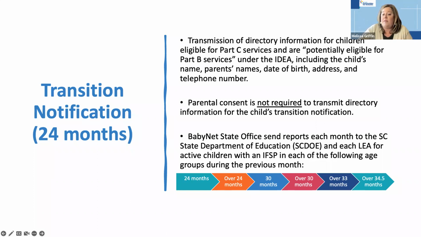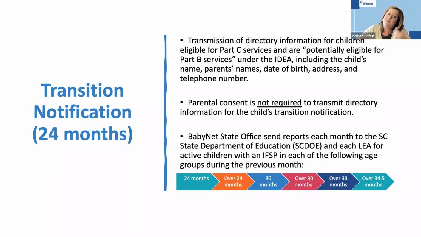Part C, the state office, is responsible for making sure that those reports are sent each month to the Department of Education, as well as each LEA for active children with an IFSP. You can see, kids don't necessarily, although ideally we would want them to, come in and become eligible immediately, as soon as there's something identified as a disability or a possible developmental delay, but that doesn't always happen.